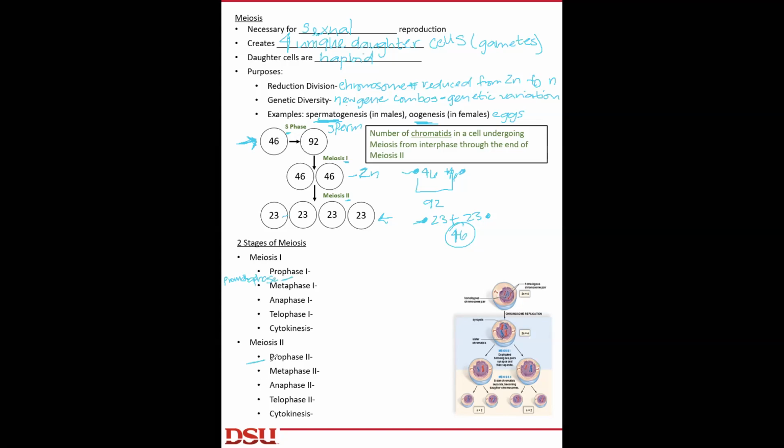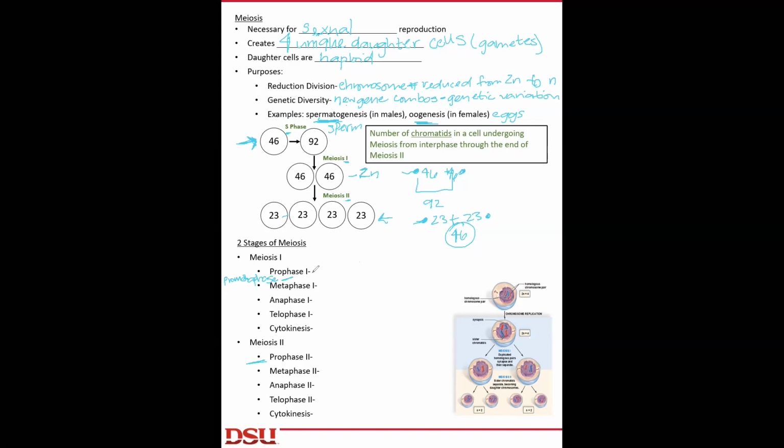But those mechanical steps of what's happening as far as nuclear envelope dissolving and the mitotic spindle forming and then chromosomes lining up and then chromosomes being pulled, or chromatids being pulled apart, and then the nuclear envelope reforming, all of that happens in these same steps, just like they do in mitosis. But I am going to point out a couple of very important differences here that happen in meiosis that are not going to take place in mitosis.